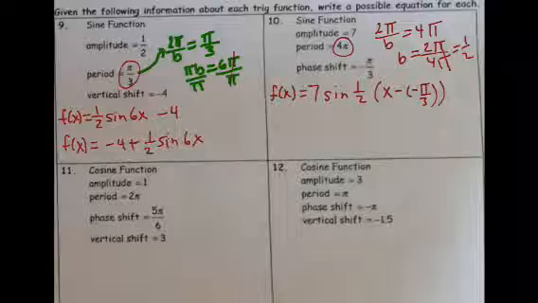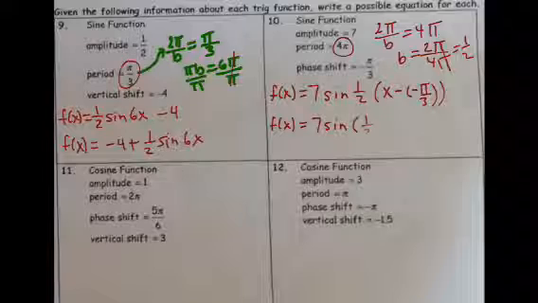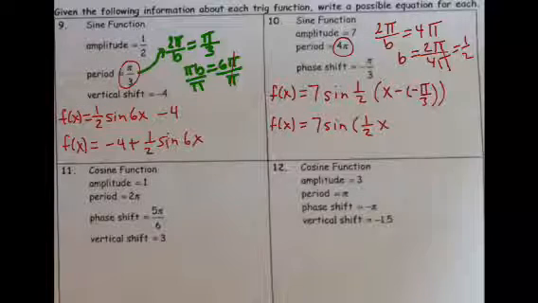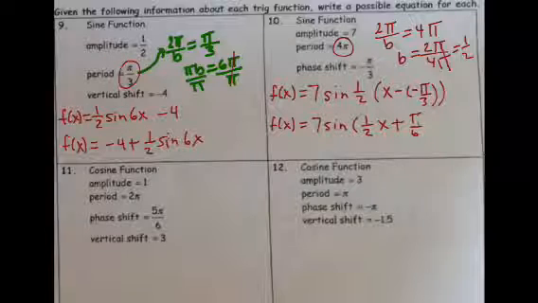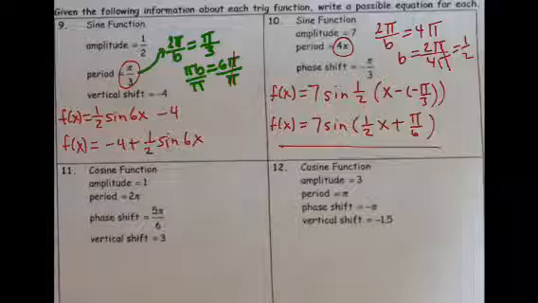So now I'm going to distribute the 1/2. So you get f of x equals 7 sine 1/2 x plus pi over 6, because you distribute the 1/2. For 11, it's a cosine function, and the period is 2 pi. So then b is 1.